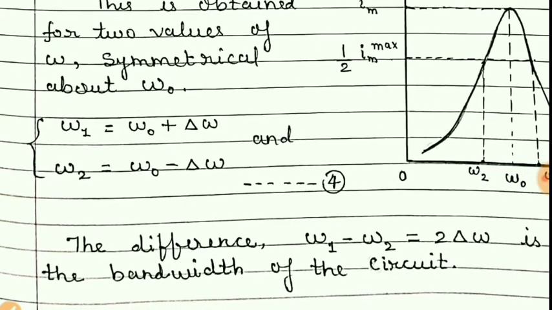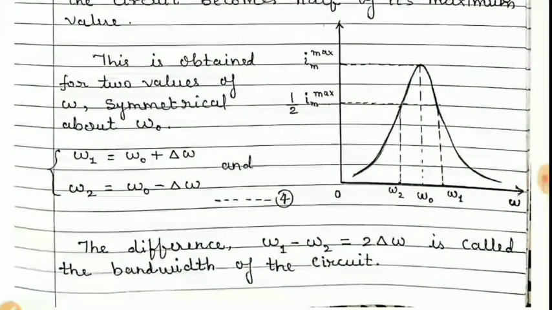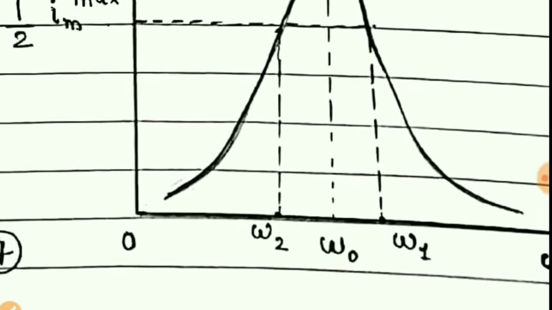So now students, from this graph it is clear that omega 1 is equal to omega naught plus delta omega. What is delta omega? Delta omega is this value. This is delta omega, and this is also delta omega.